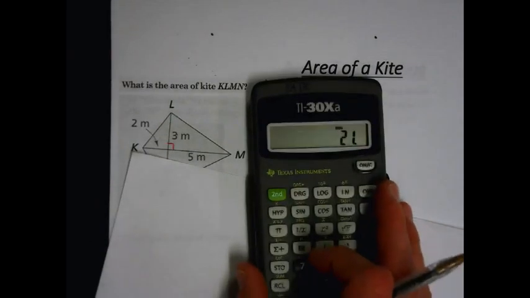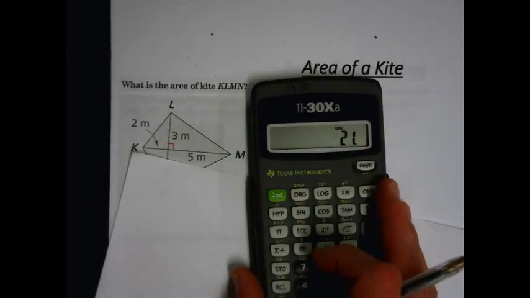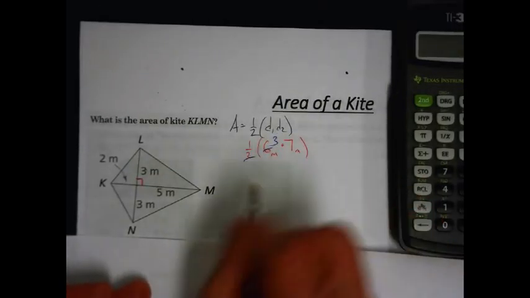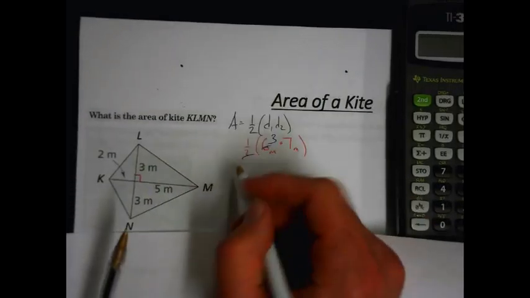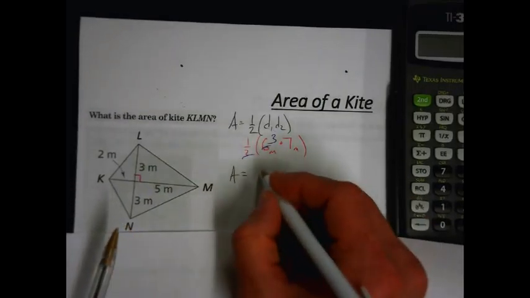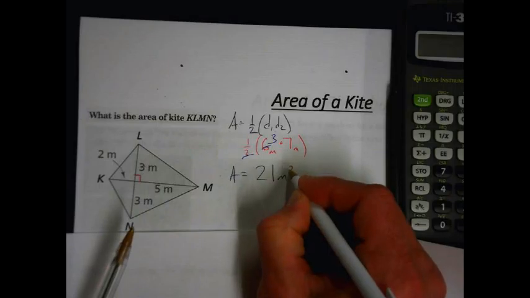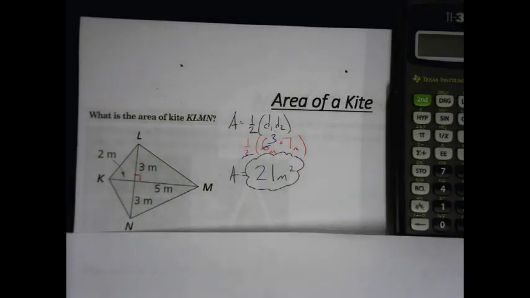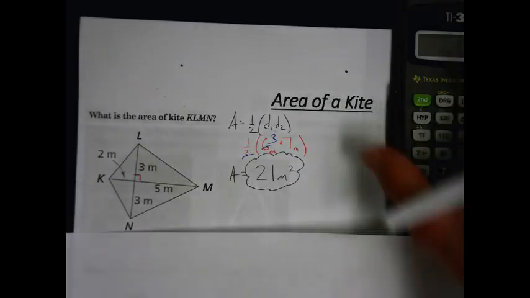Or we can do this little trick: 6 divided by 2 is 3, and 3 times 7 is 21. What? Mr. Katz, do that again. No, you do it again. Rewind. So we know that the area is going to be 21 square meters. Simple as pie. The area is half of the product of the diagonals.